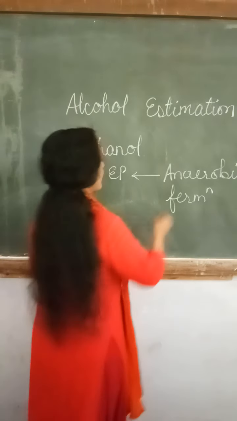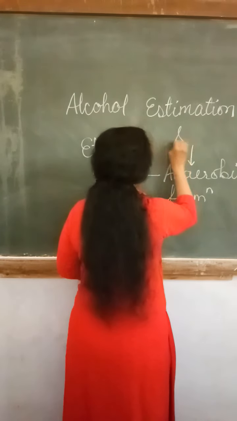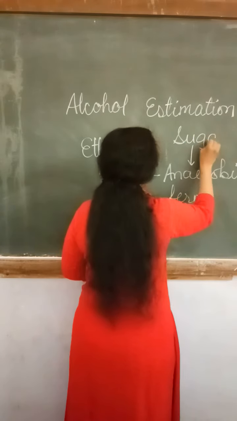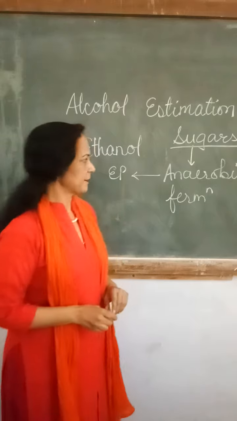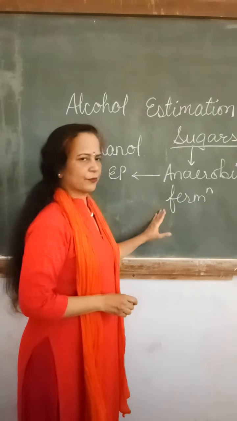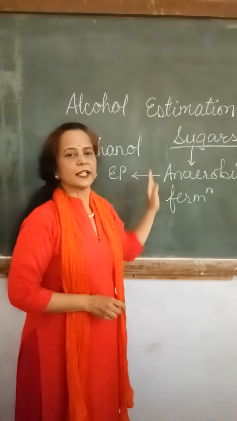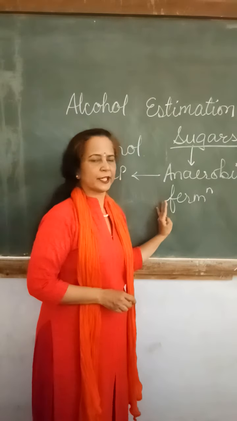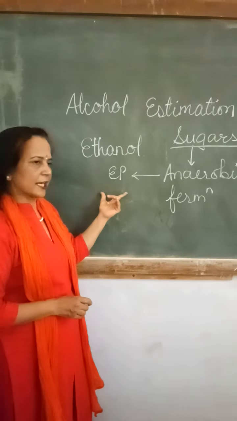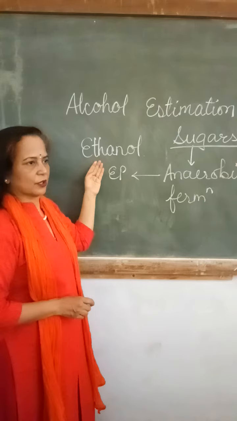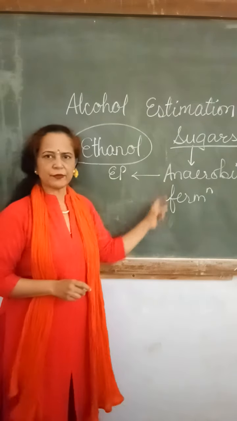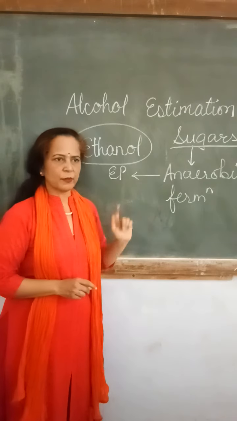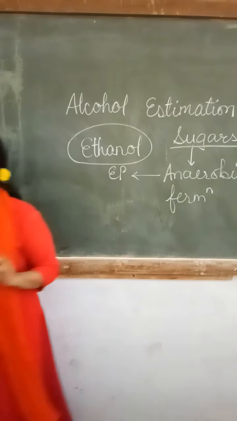Here sugars or carbohydrates are utilized by the microorganisms, so it is anaerobic fermentation of sugars carried out by certain microorganisms, and they produce the end product ethanol.